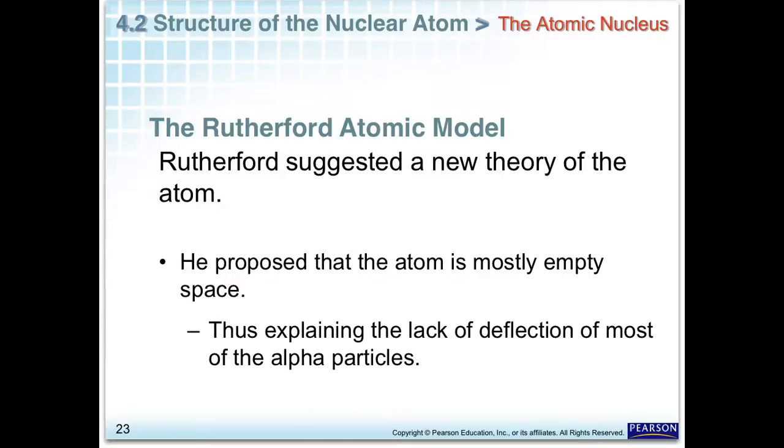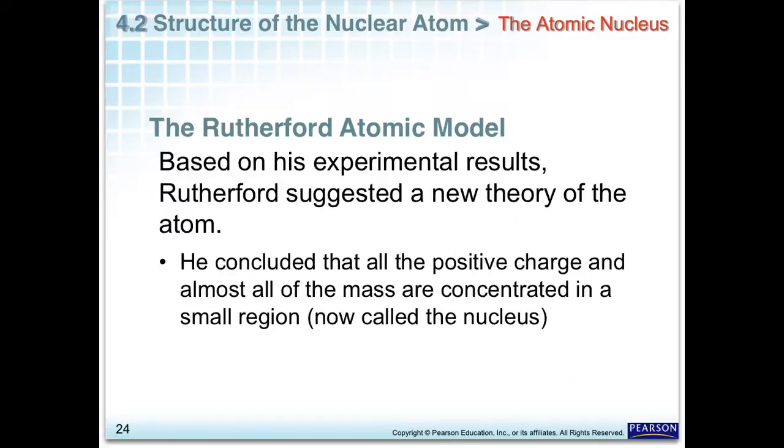This led Rutherford to suggest a new model, and he proposed that the atom is mostly empty space, and this is why most of the alpha particles were not deflected and went straight through. And the reason that some of them bounced way off was that in the center of the atom was a very dense region of positive charge called the nucleus.